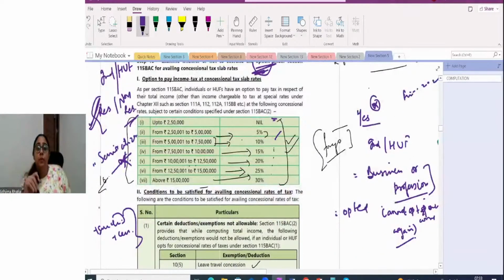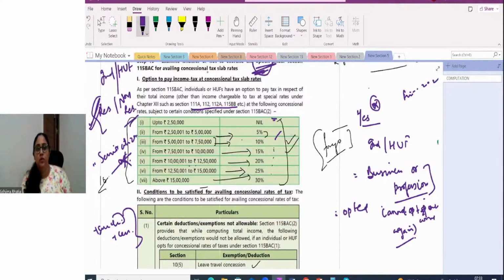Another thing, special rates. There also special rates are there in the normal tax regime. Here also the special rates, which we taught you at this particular level, would be applicable, and income other than special rates would be taxed as per slab rates.